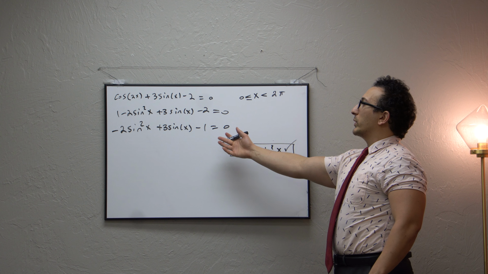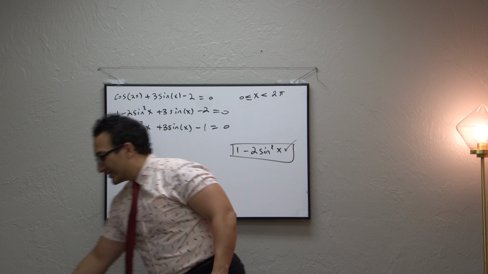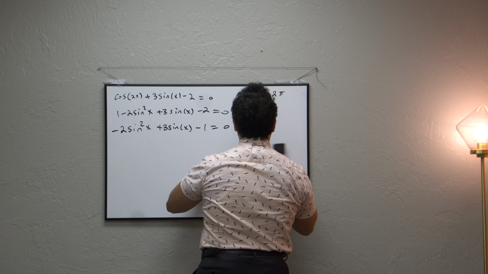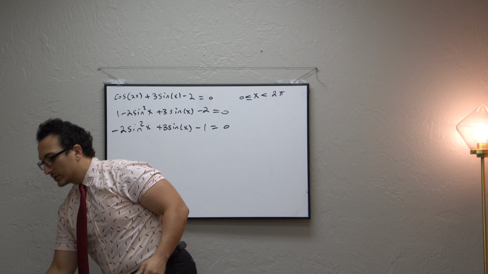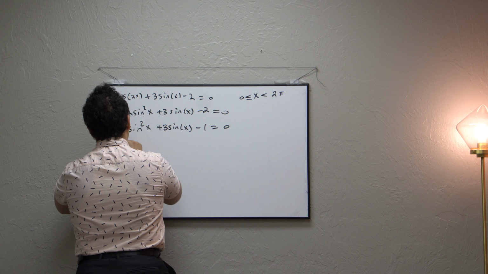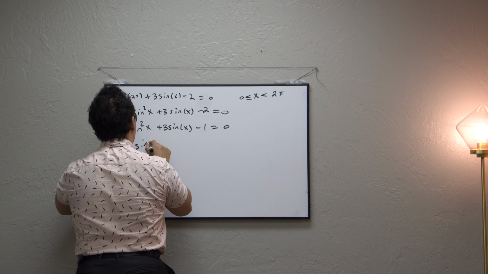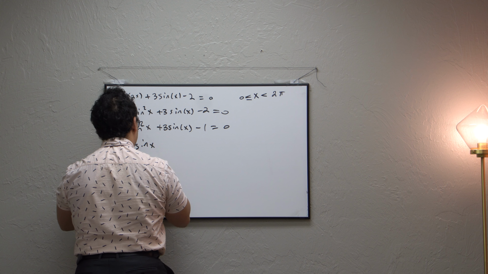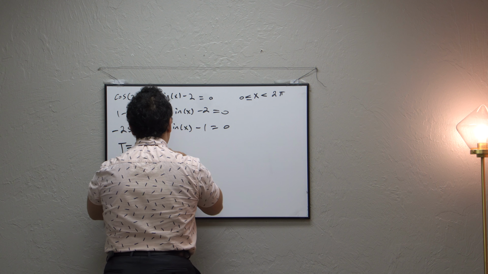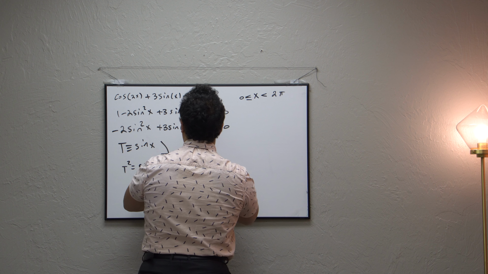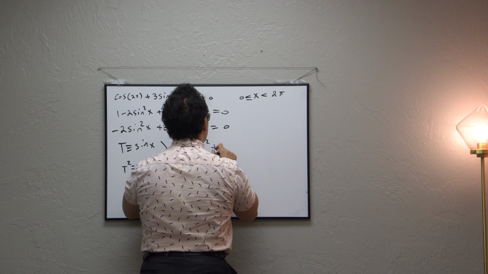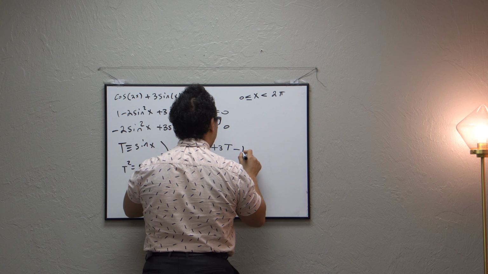Notice that now we are quadratic in sine of x, meaning if we do a variable substitution like t is equal to sine of x, that means t squared would equal sine squared x. And so this implies that our expression over here becomes negative 2t squared plus 3t minus 1, and that's set equal to 0.